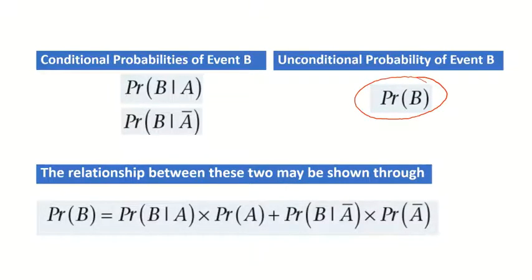You can see in this equation how the unconditional probability of B is just a sum of the conditional probability of B given A is true and the conditional probability of B given A is not true. So in the next slide, we will see how this equation is derived, especially that we have these additional stuff here going on.